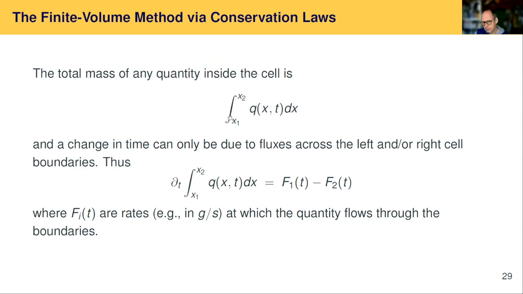So the total mass inside this volume is of course the integral from left to right over space. Now if anything changes in a certain time in this volume, if the mass changes inside or the energy changes, it has to be related to a flux at the boundaries.